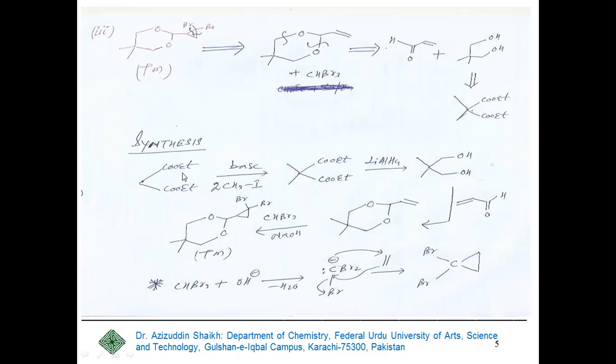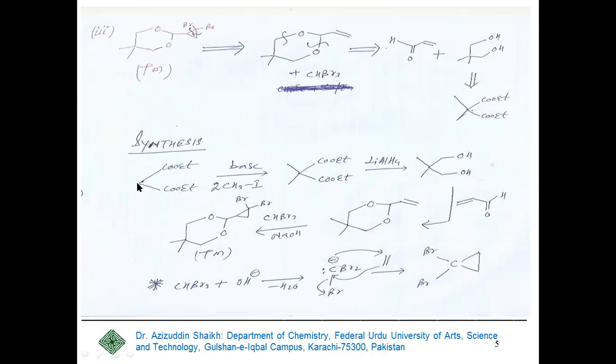This is the synthesis. The diesters in presence of base and methyl iodide, because this alpha hydrogen is acidic in presence of base, an anion will be obtained.